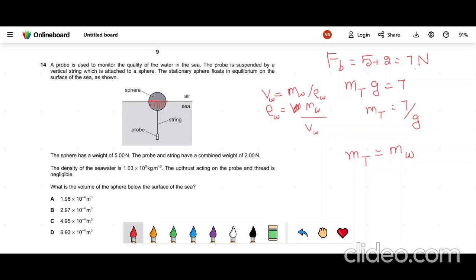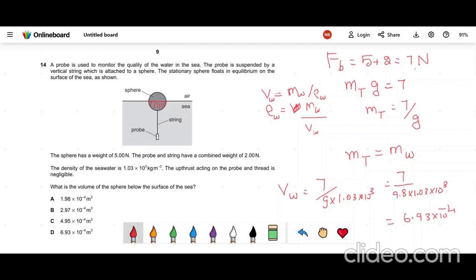With the density of water, we need only the volume of the water displaced. So the volume of water will be equal to the mass of water, that is 7 by g, divided by the density of water, 1.03 into 10 to the power 3. So 7 by 9.8 into 1.03 into 10 to the power 3. If you calculate that, you will get 6.93 into 10 to the power minus 4.